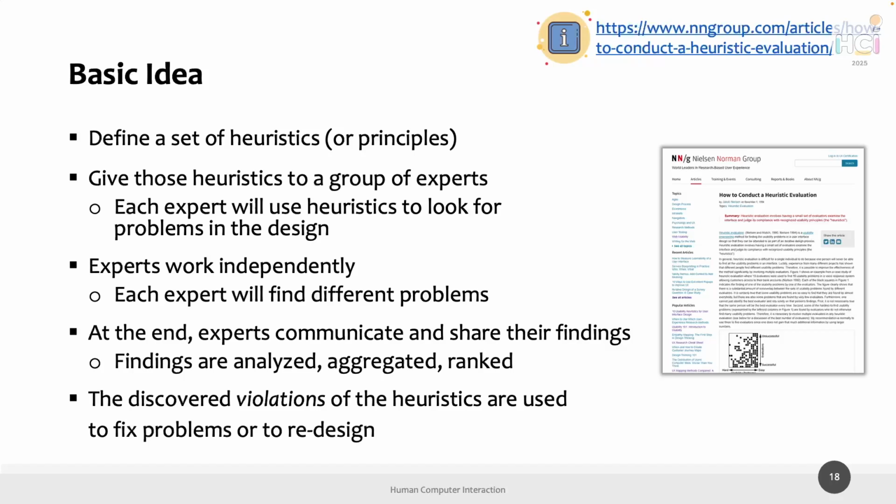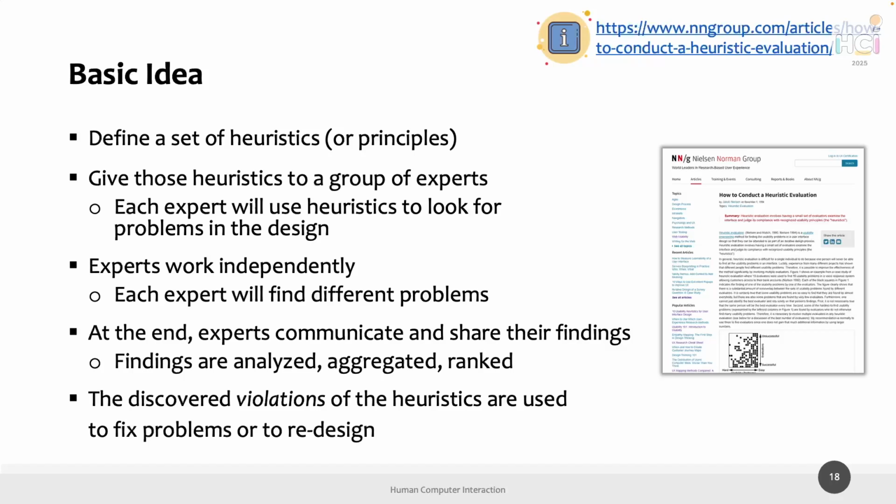Experts work independently, so typically each expert will find different problems. Then at the end there is this meeting where experts communicate and share their findings, and the goal is to create a shared report. And the violations that are found in the interface, the violations of the heuristics, are used by the design team to fix the problems.